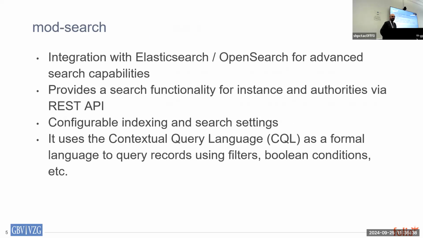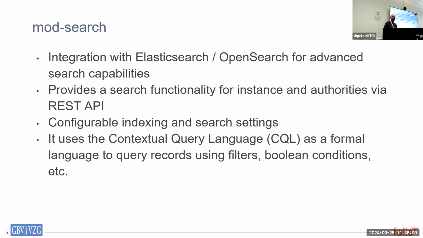The second thing is then mod search, and mod search integrates with Elastic or OpenSearch and offers probably more advanced search capabilities than what we previously had with PostgreSQL, better performance, and it is just built for searching through a large collection of resources, and even larger collections when you think of the web and websites.